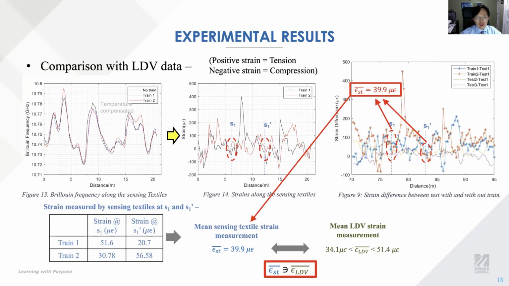If we look at the results in figure 13 and figure 14, we can see that without knowing the actual loads of those two trains, the loading response in train 1 and train 2 resulted in an average strain of 39.9 microstrain. This result can be seen in figure 9 and also figure 14. Now, if we use this mean strain measured by the sensing textile to compare the range, we can see that the sensing textile did produce an acceptable mean strain measurement because it falls within the range of our LDV strain measurements.